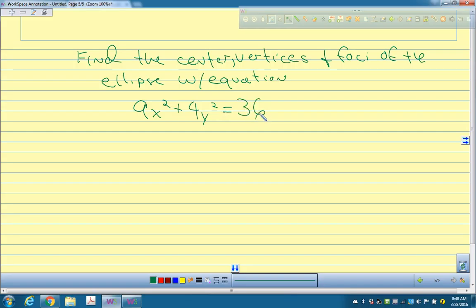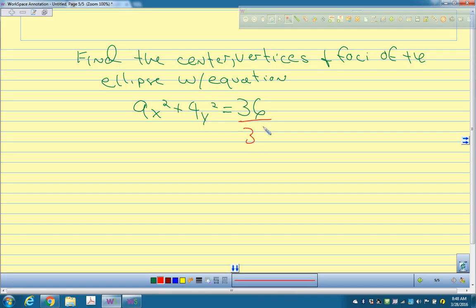Okay? So, like I said, ellipses sometimes look different, they're not in that nice form, but you could put this into that nice form. Who can tell me how I could put that into that nice form? Divide everything by 36. Because with ellipses and hyperbolas, unlike with circles, you need to make this number into a 1.